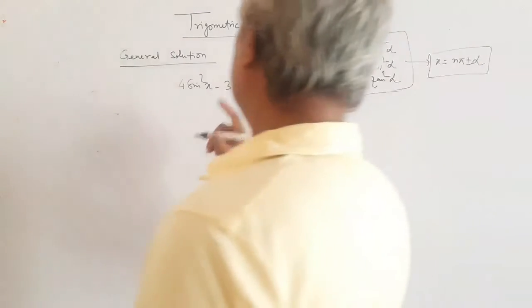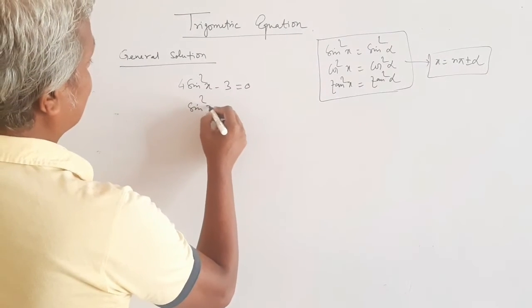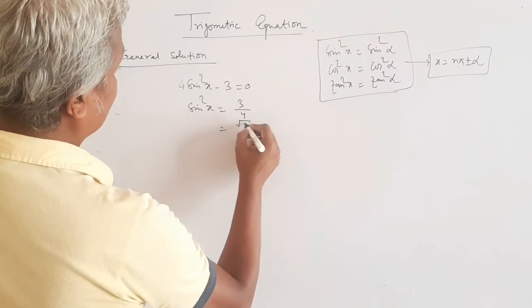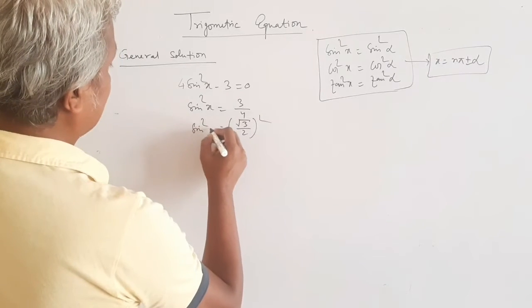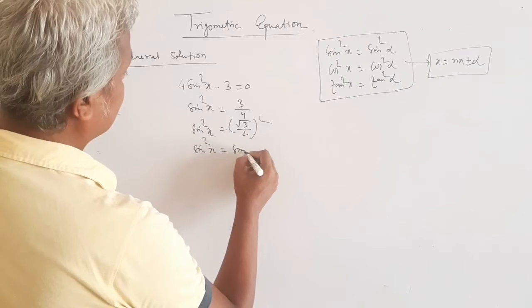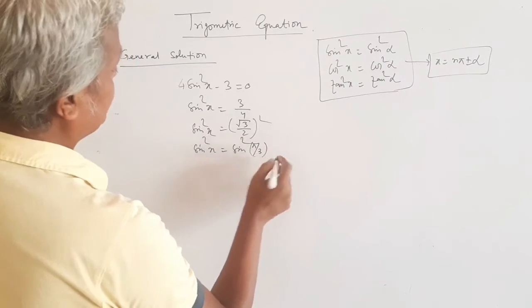alpha. So in this condition I go and try to express sine square x as 3 by 4. This I can write as root 3 over 2 whole square. This is sine square x. Sine square x is sine square alpha, where alpha is pi by 3, that is 60 degrees.